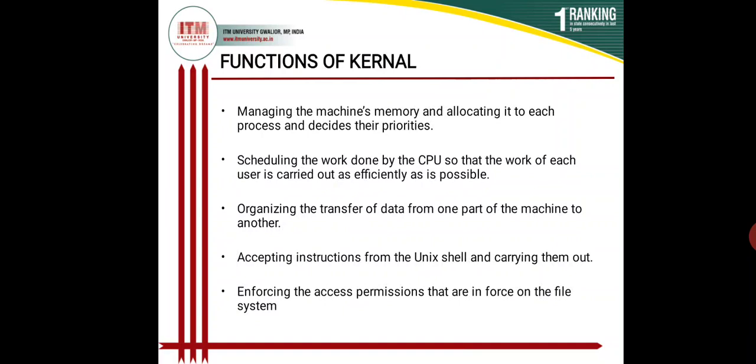We have given permission to a particular user, we have given permission to a group of users, or we have given permission to all the users of this particular system. So like that, these are all the functions that can be performed by the kernel of the Unix operating system.